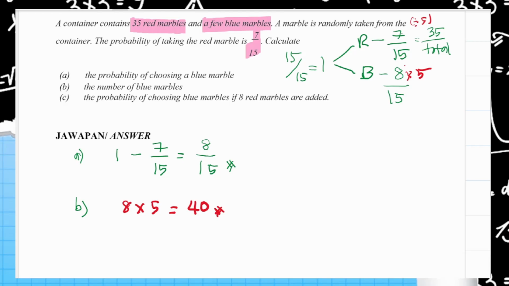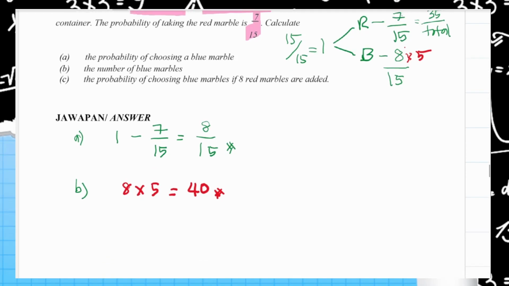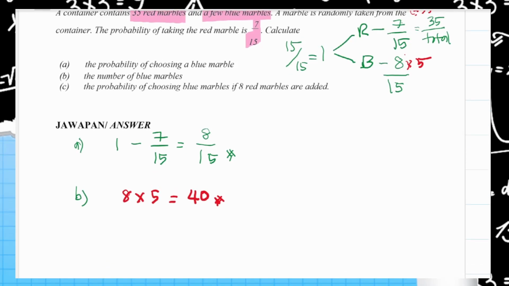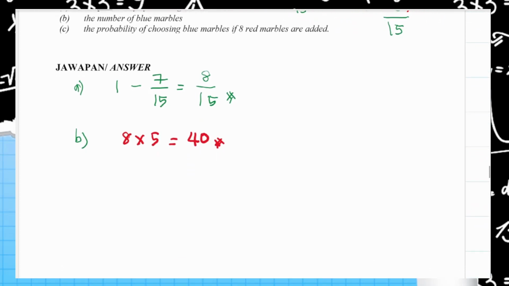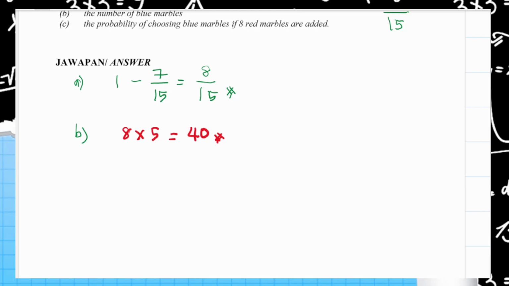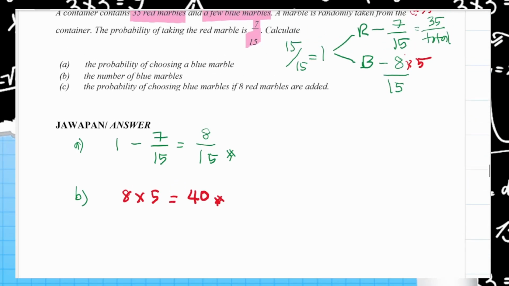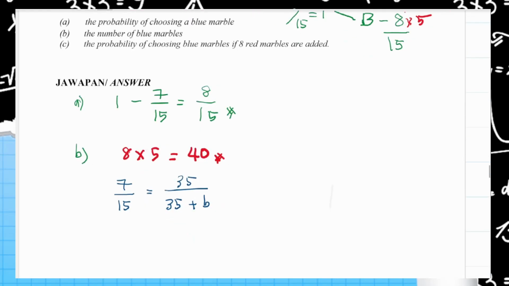Actually for this question, you also can use another relation, but the calculation is a little bit complicated. So you can use this relation: 7/15 is equal to 35 over total, which is total is 35 plus, let's say for the blue we put B here.